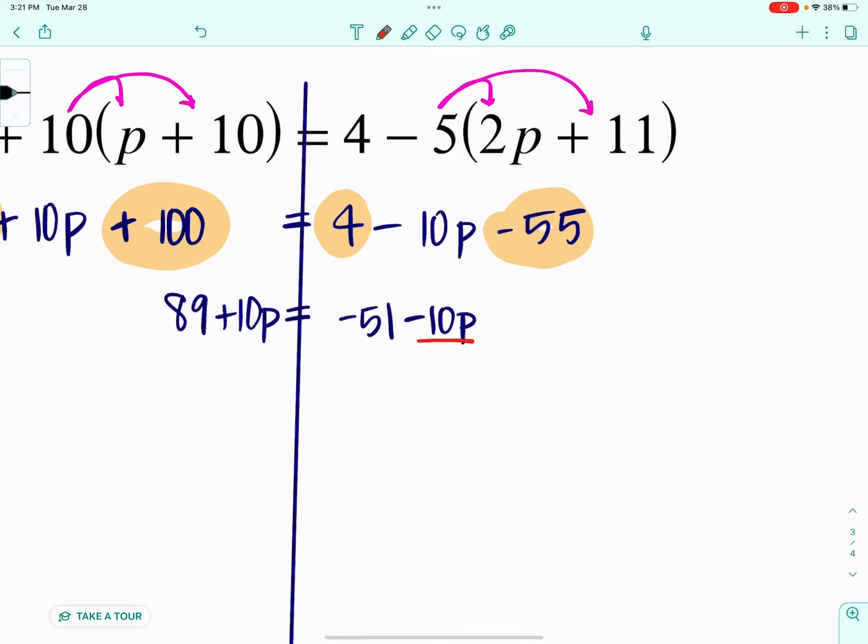So if I want to move this negative 10p, I have to add it. So I actually end up with a 20p. They definitely do not cancel each other out, except for on the right side.